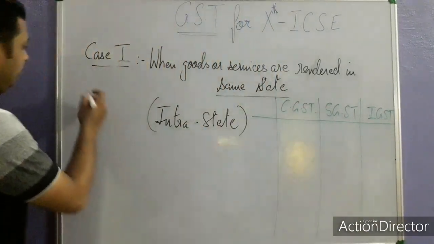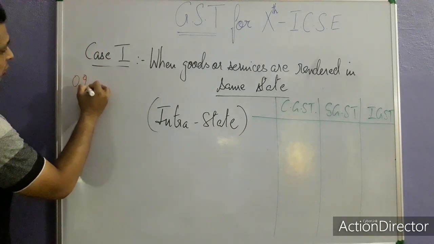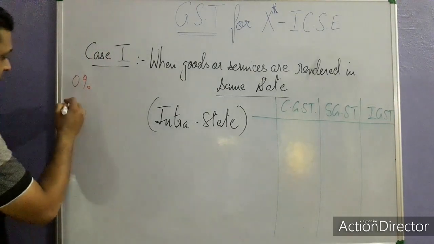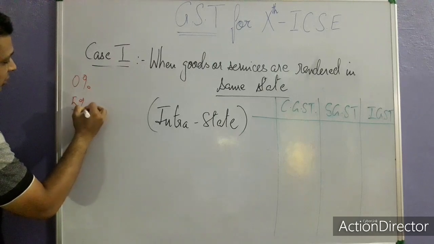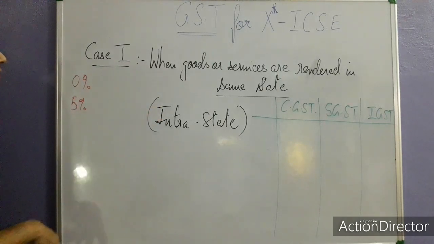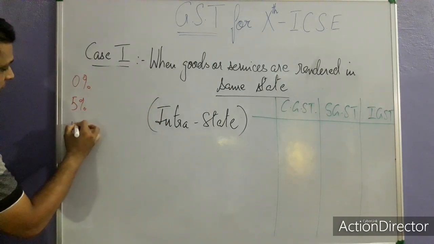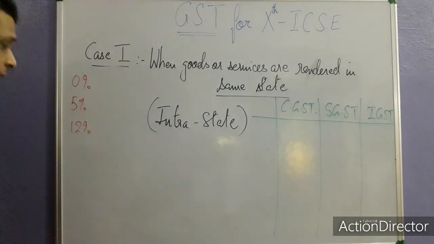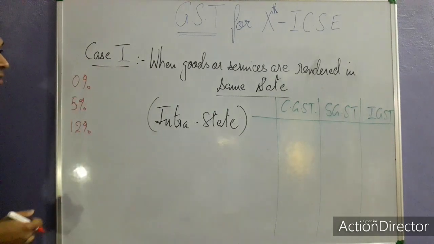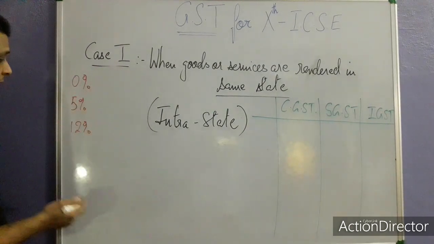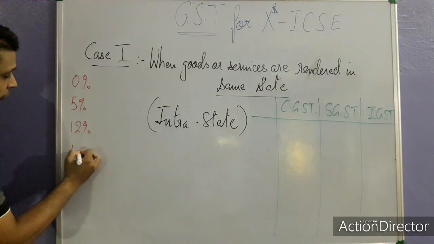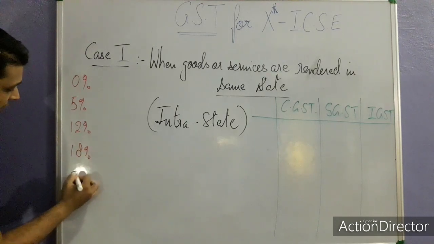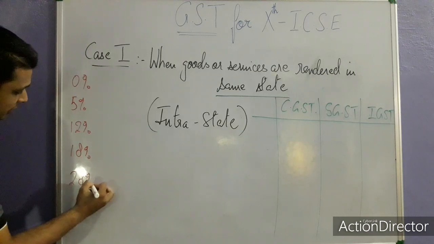The first slab is 0% GST, the second is 5% GST on commodities or items, next is 12%, then comes 18%, and the last is 28%. These are the GST rates or slab rates for different types of items.